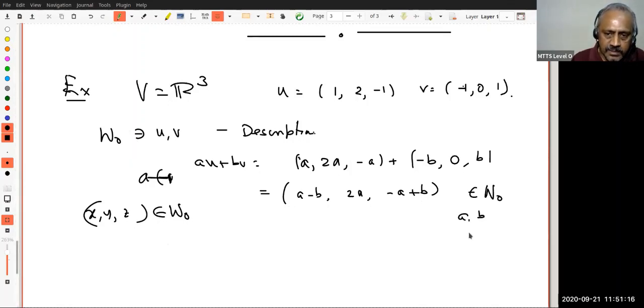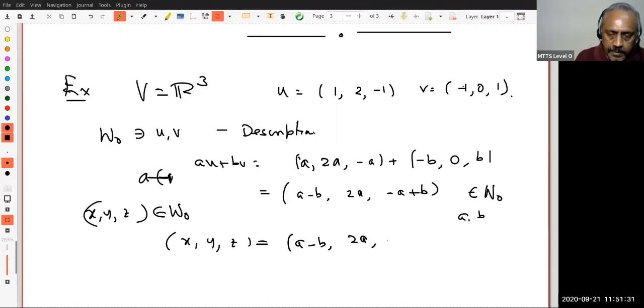That means if you give me x, y, z in W naught, I should find real numbers a and b such that x, y, z is of the form a minus b, 2a and minus a plus b. That is, whether there exists a and b in R such that this happens.